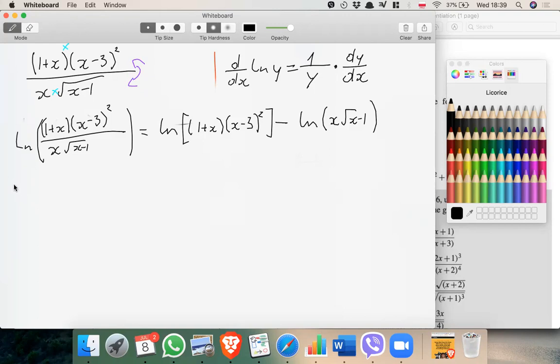So continuing with this, now I can start expanding. I'm going to expand the first logarithm. That will turn into ln of 1 plus x.